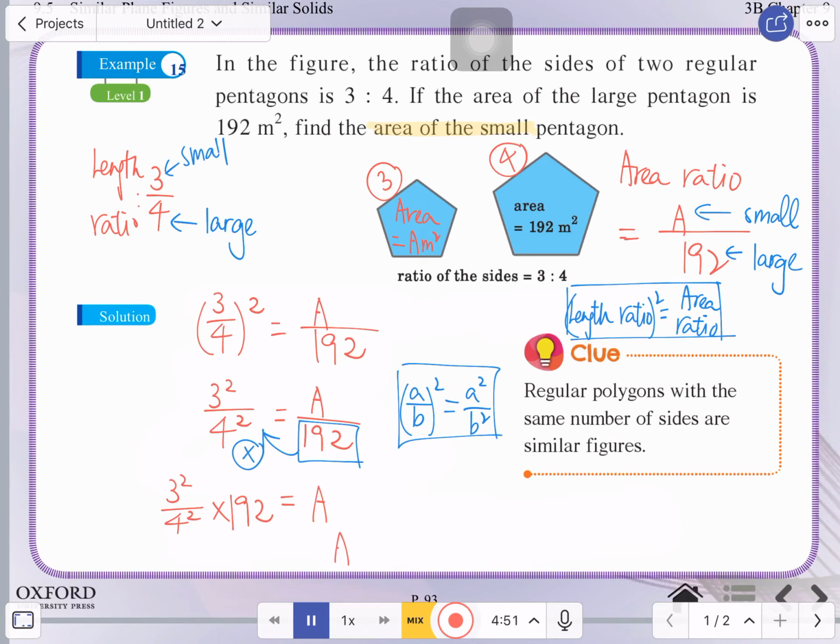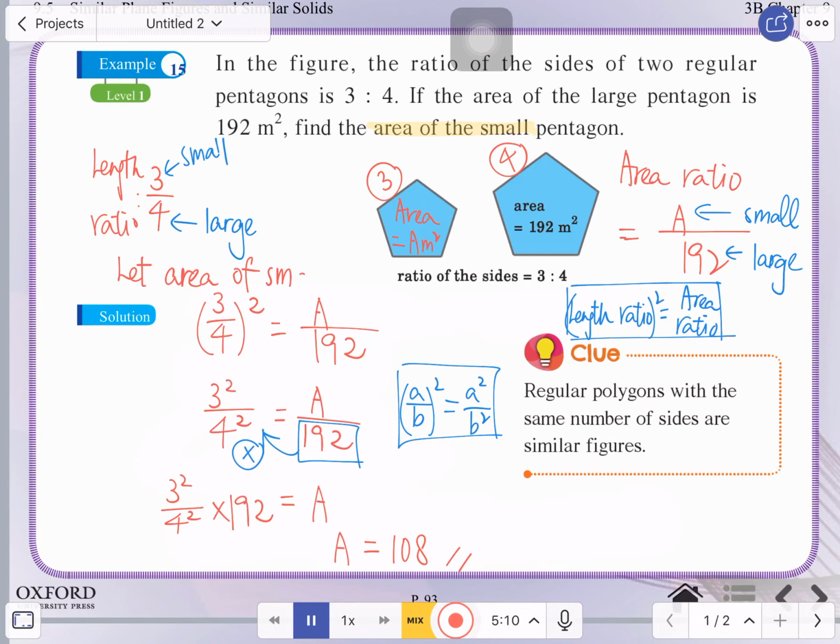And after calculation, you will see that a is 108.